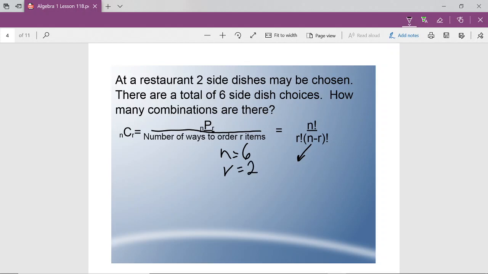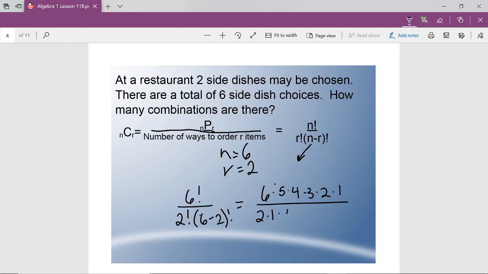So let's plug it in and say 6 factorial over the number of ways to order those r items, and then just like a permutation, n minus r, so 6 minus 2 factorial. When we work this out, I have 6 times 5 times 4 times 3 times 2 times 1 over 2 factorial, so 2 times 1, times 6 minus 2 factorial, so 4 factorial, 4 times 3 times 2 times 1.